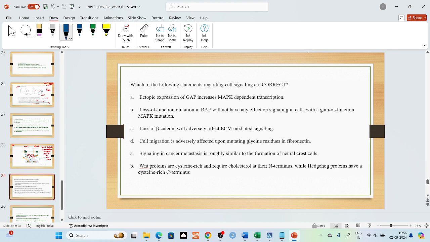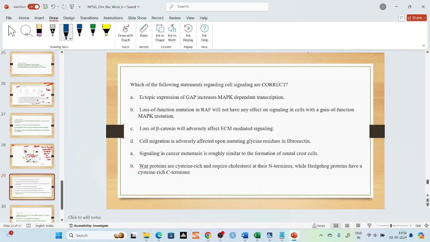GAP means GTPase activating proteins. Basically, small GTPases like RAS are inactivated with the help of GAP activity. Therefore RAS is inactivated, and since RAS is crucial for the MAPK pathway, ectopic expression of GAP would decrease MAPK dependent transcription. Why?